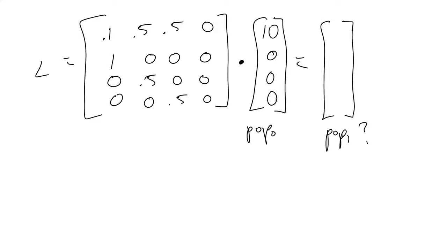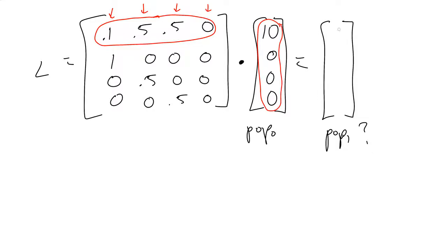Whoa, no way. Yeah. Because look at how this works. This row right here is saying for every baby rabbit, how many new babies are there going to be. For every 2-year-old rabbit, how many new babies. For every 3-year-old rabbit, how many new babies. For every 4-year-old rabbit, how many new babies. So all I got to do is dot product that with the current population of all those ages.